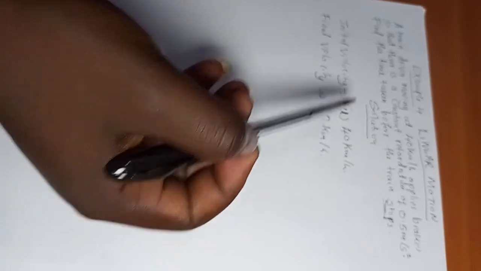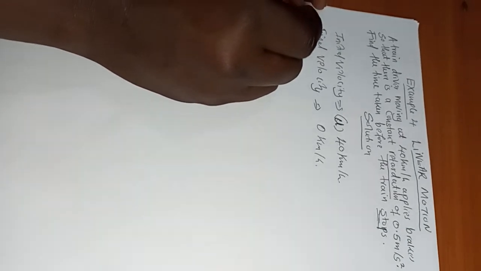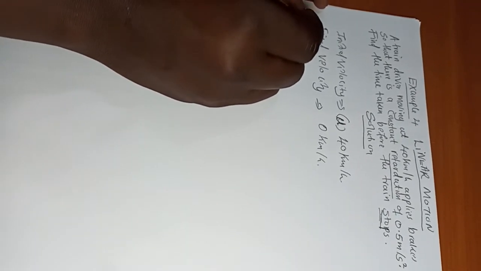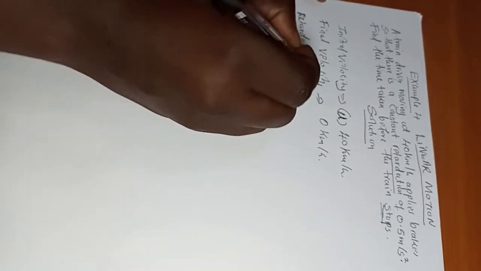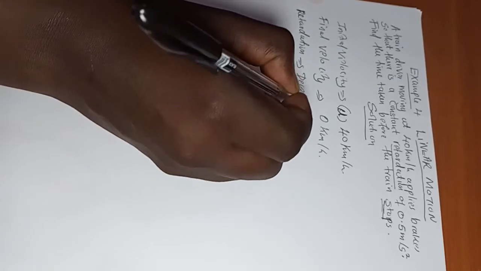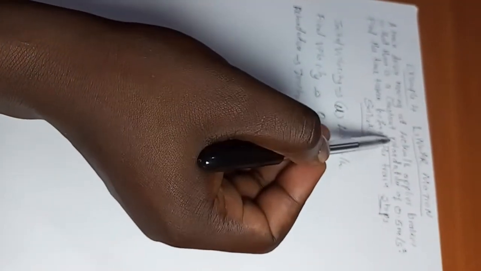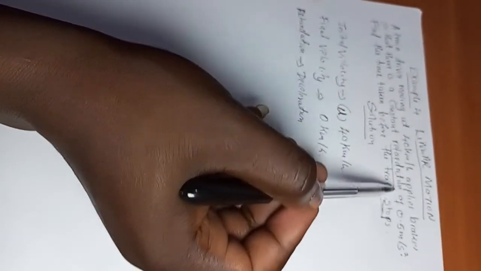So there is this term here, retardation. Retardation normally means deceleration. Retardation is a synonym of deceleration. So the moment you see the word retardation, it means that this is a deceleration.